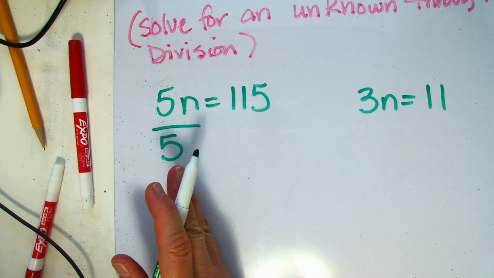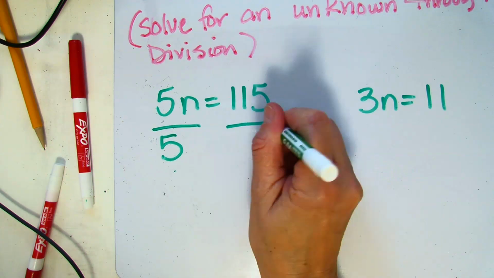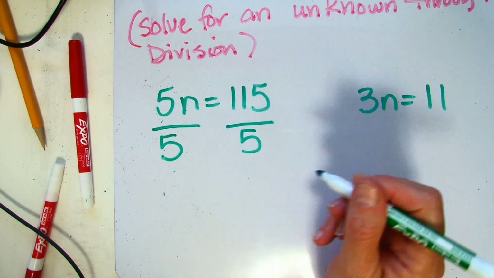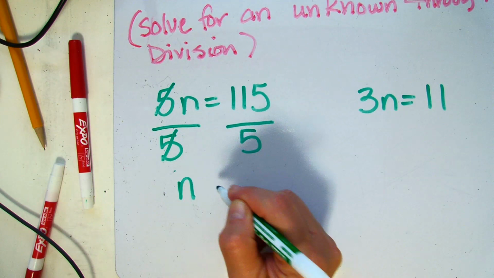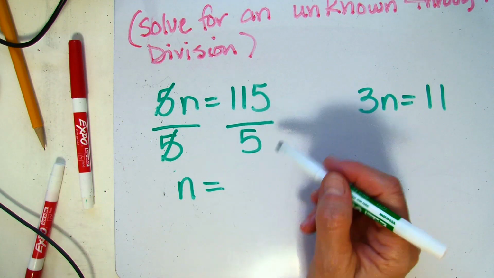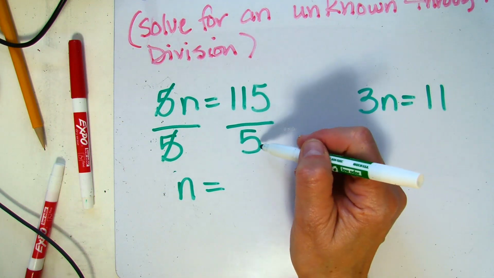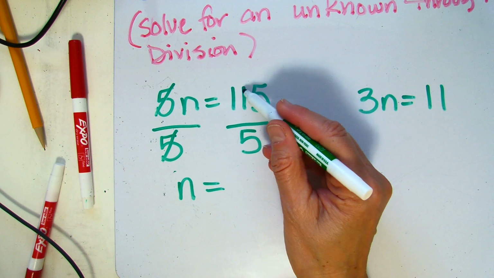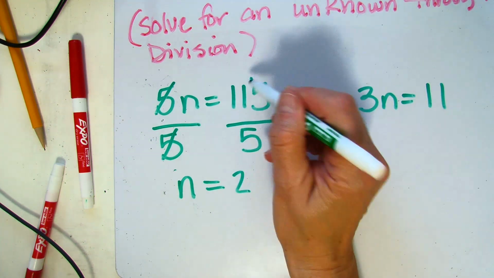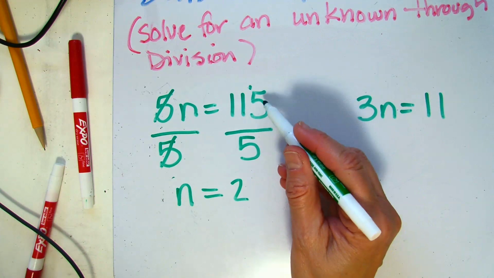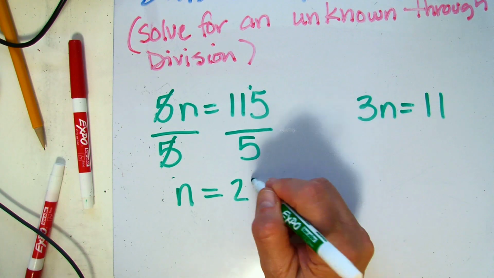If I do one operation on one side, I must do it again on the other side. So now these cancel. I get n equals, and I need to do a little thinking here. 5 will go into 11 2 times with 1 left over. 5 goes into 15 3 times.